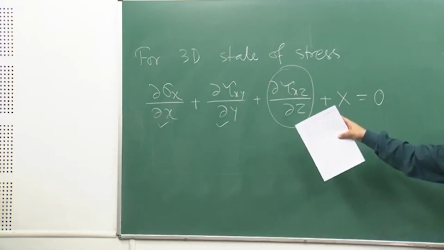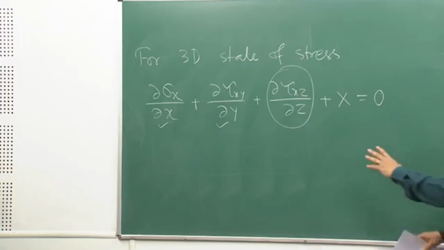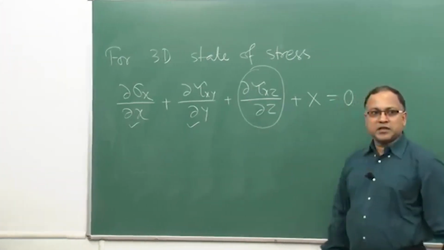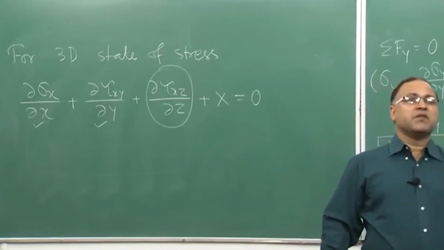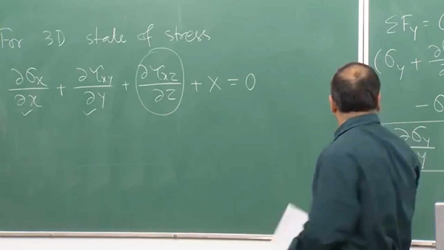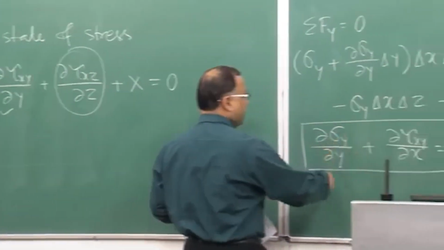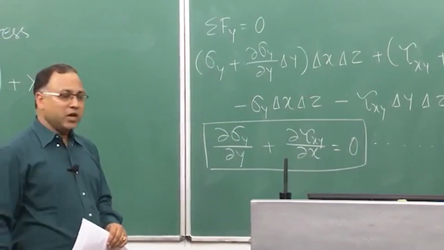So, this is the equilibrium equation for the 3-dimensional state of stress. This comes when you consider the equilibrium condition, that is, summation of Fx equal to 0. Similarly, if you consider summation of Fy equal to 0, equation 2 will be modified by considering another term, tau yz, and so on.